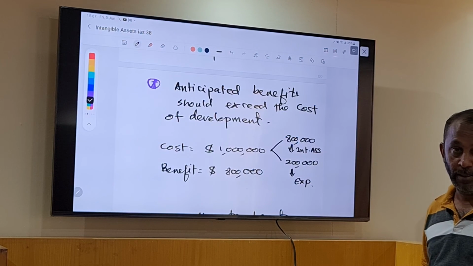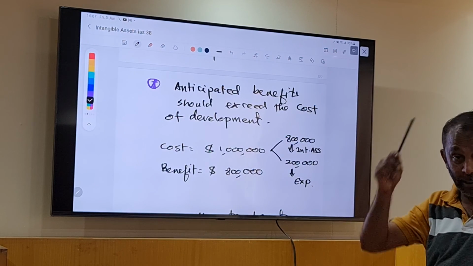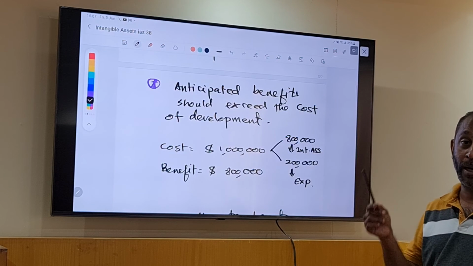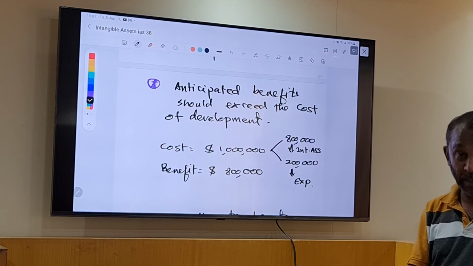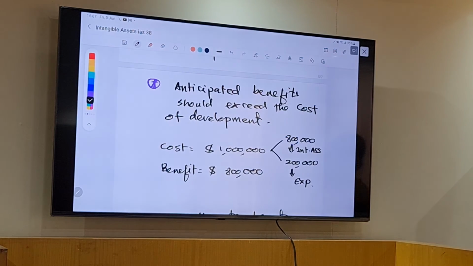One of the 5 conditions is to make sure the benefit should exceed the cost. So that amount you have to capitalize.